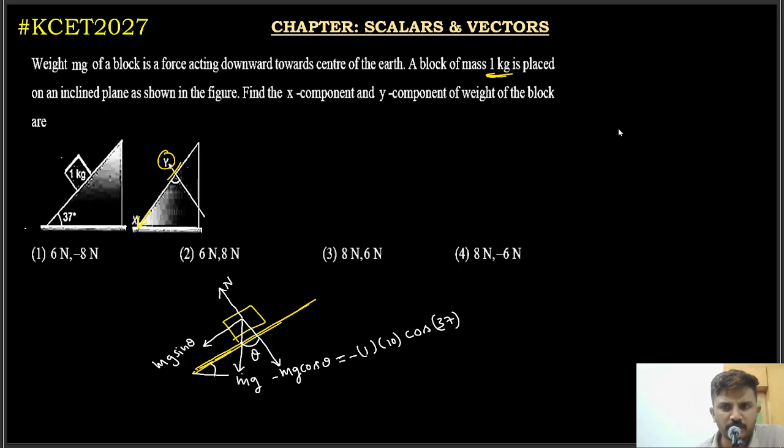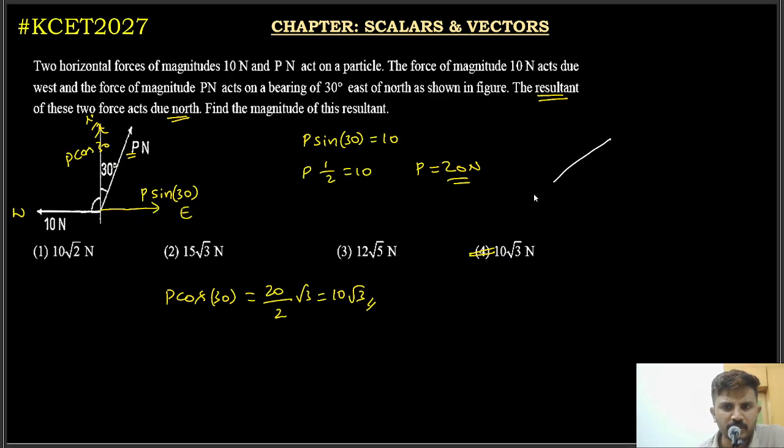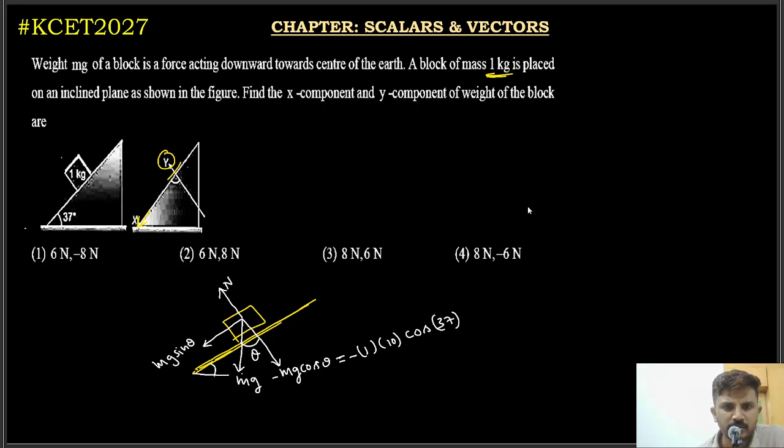What is cos 37? See, dear students, you can take a right angle triangle. If I draw a right angle triangle like this, this is 4, this is 3, this is 5, this angle is 53 degrees and this angle is 37 degrees.